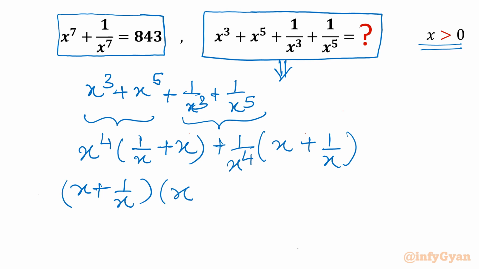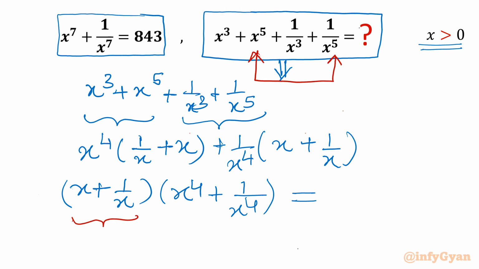So in the other bracket, we will write x power 4 plus 1 over x power 4. Instead of finding the fifth power, like x power 5 plus 1 over x power 5, now we have to only focus on fourth power brackets, these two. Let's find out x plus 1 over x first.